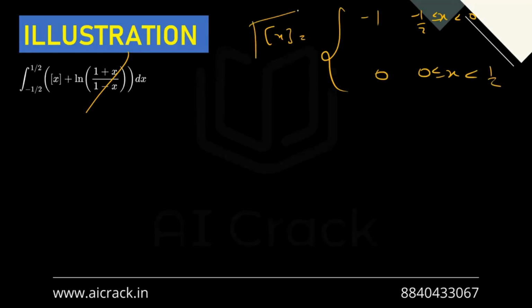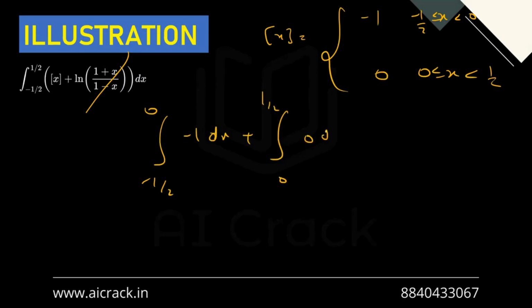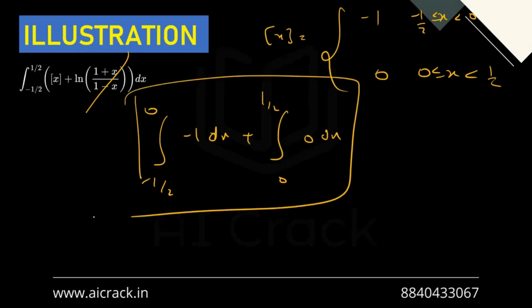So this integral becomes the integral from minus 1 by 2 to 0 of minus 1 dx plus the integral from 0 to 1 by 2 of 0 dx, right? So this becomes our final answer.